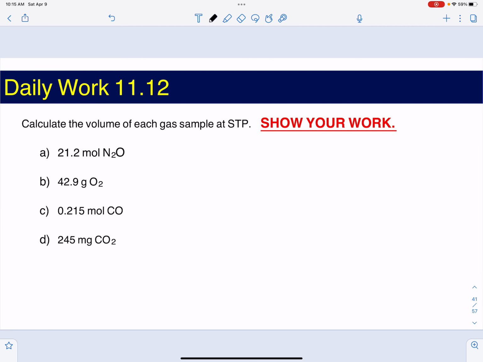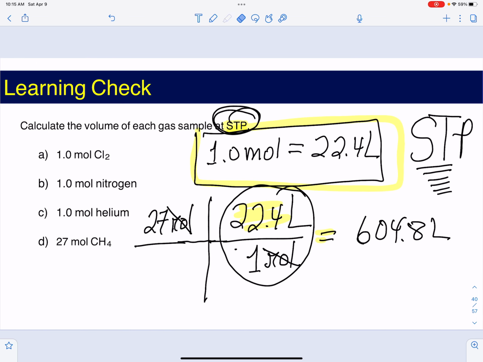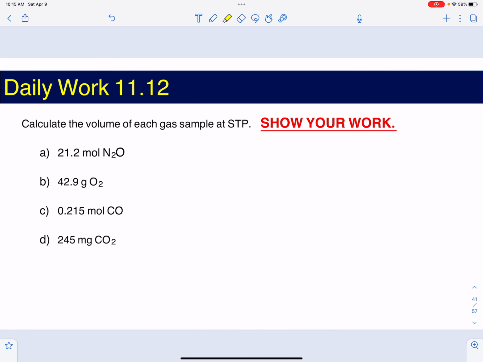And with that, you should be able to do these problems. Remember, we're dealing with moles, right? So if your problem does not have moles, imagine what you had to do first. Then you can use the conversion factor, 1 mole equals 22.4 liters.